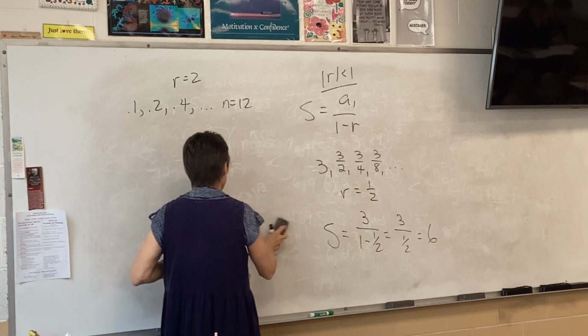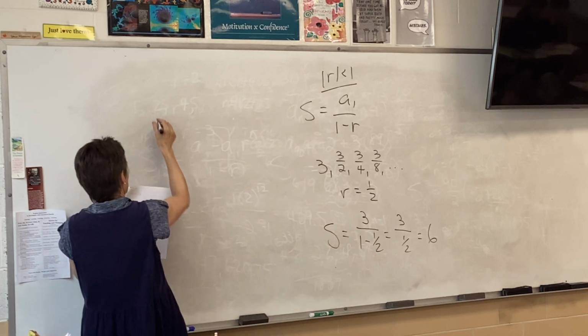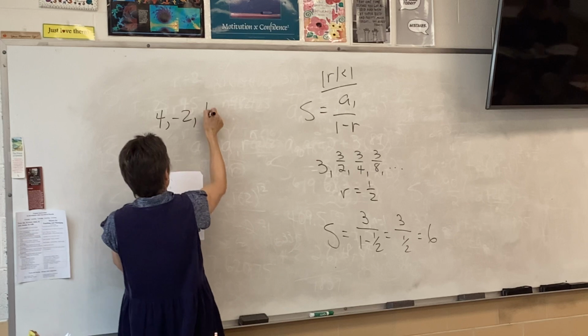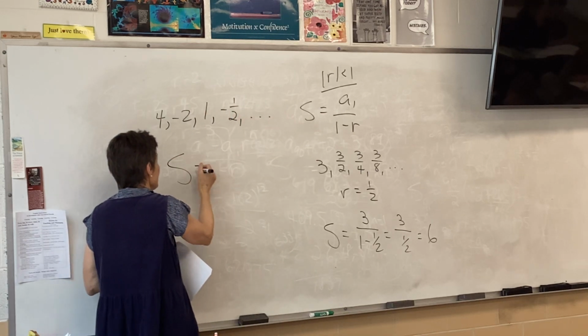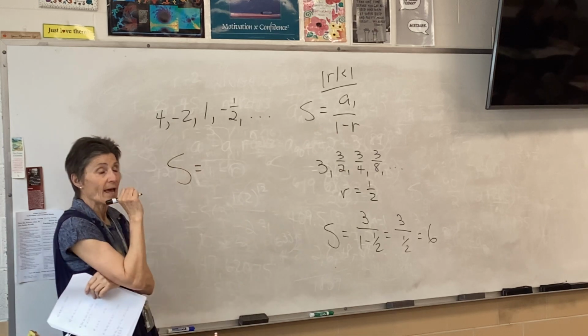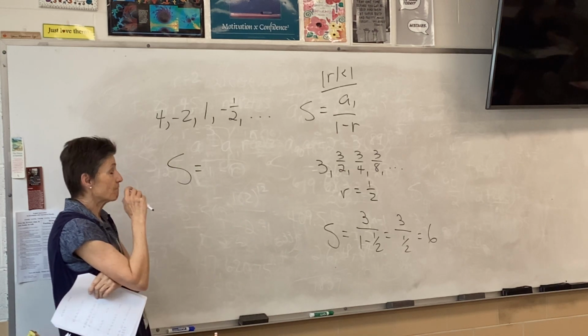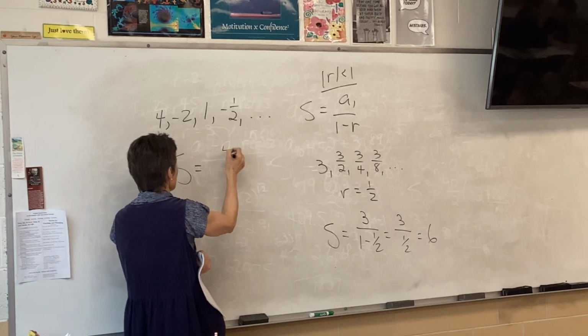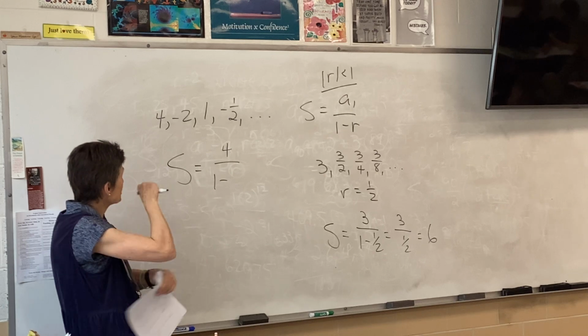Okay, just a couple more things. Let's do one more of those. Let's look at problem B. It's an infinite series, so I want to add these up. The formula says take my first term over 1 minus the ratio.